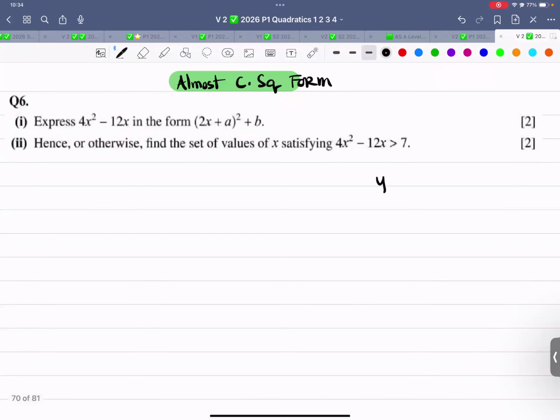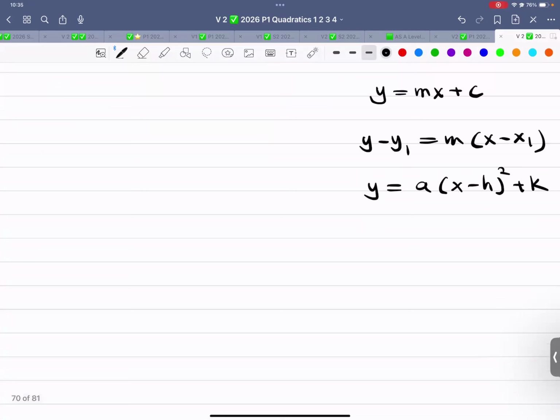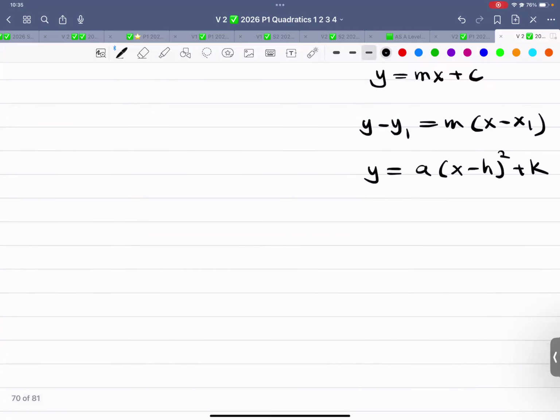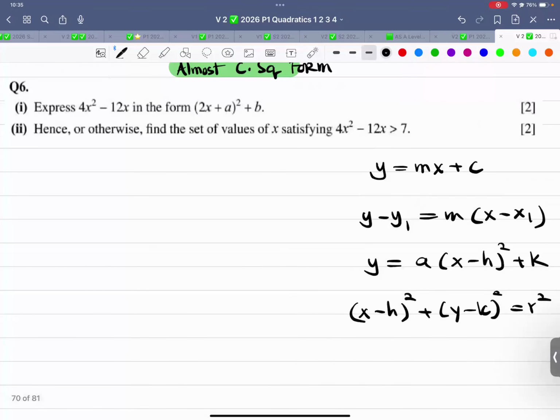When we talk about straight line, y equals mx plus c, that's a gold standard for getting gradient. y minus y1 equals m times x minus x1, that is another gold standard. y equals a times x minus h whole squared plus k. That is the gold standard for completed square form. x minus h whole squared plus y minus k whole squared is r squared. That is the gold standard for the circle equation.